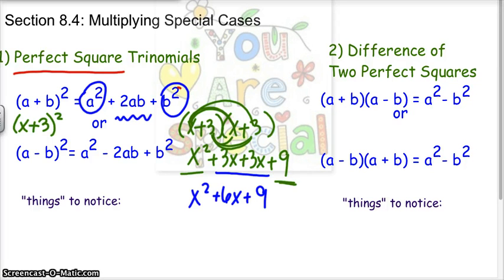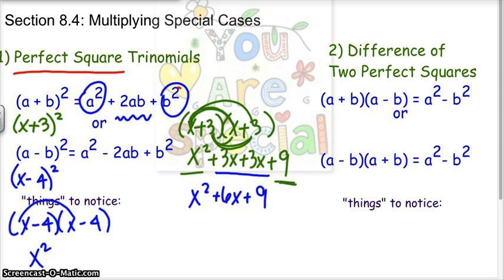Let's look at it with another example where there's a minus. Let's try 4. So x minus 4 times x minus 4. There's the first part. That minus 4 is going to appear twice, and a negative 4 times a negative 4 is a positive 16.